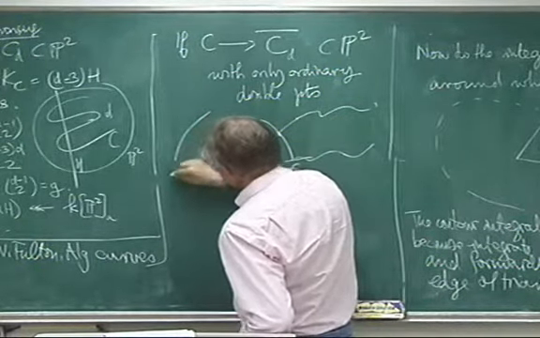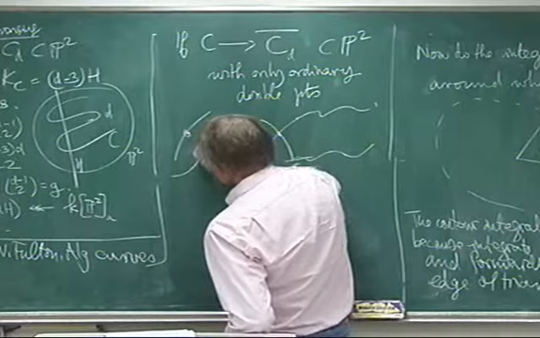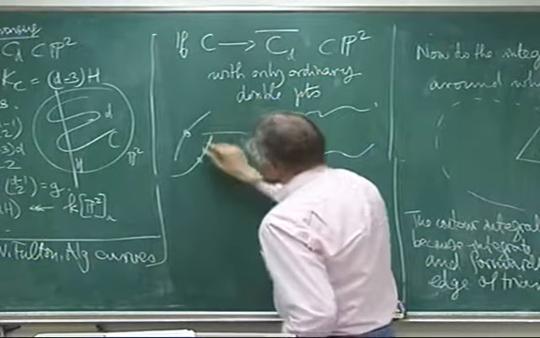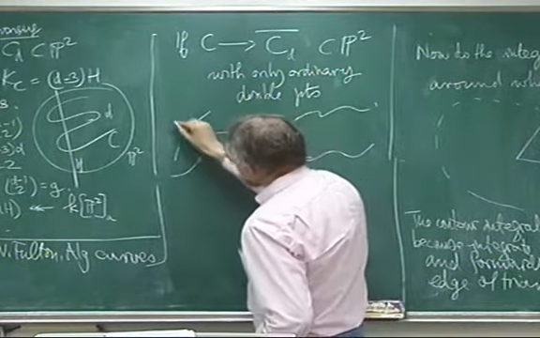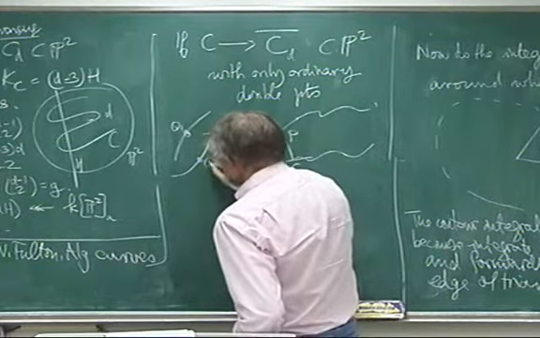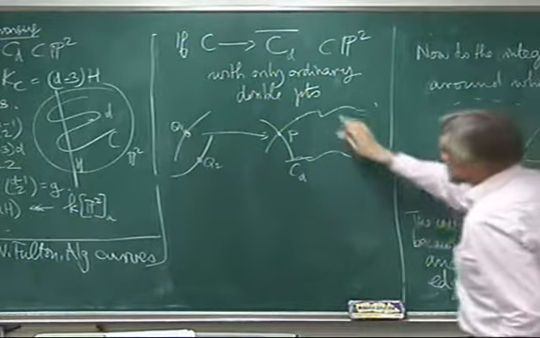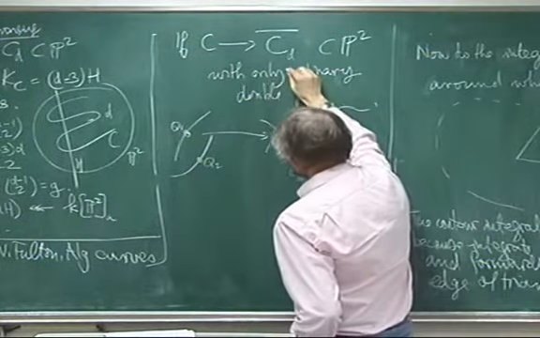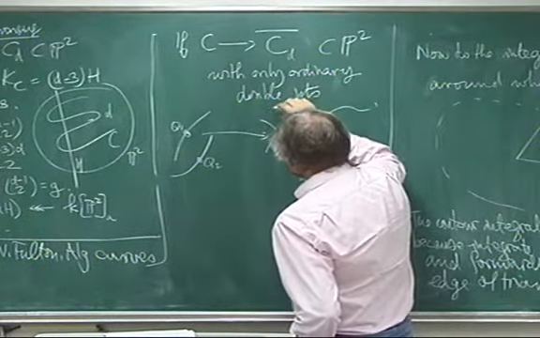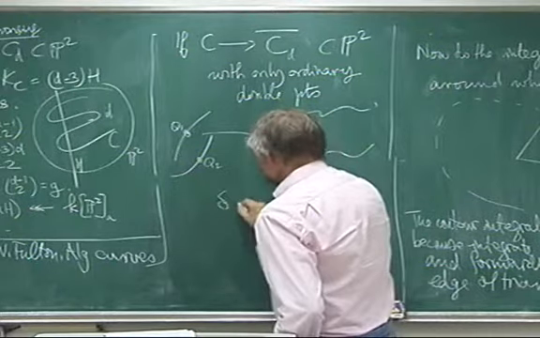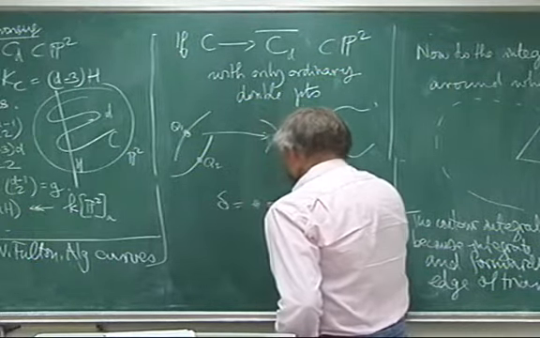So C has two separate branches that meet up there. So I have a point P here, let's say P2, Q2, and let me say delta equals the number of ordinary double points.